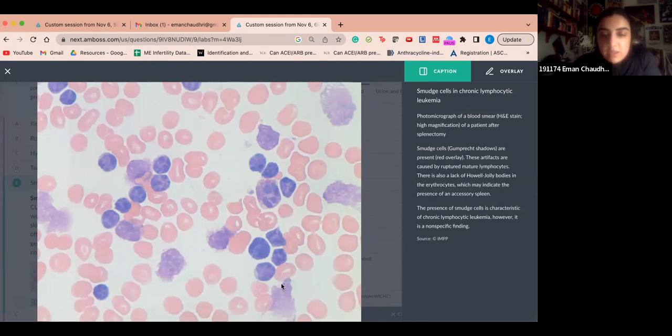If you don't, it's okay, I can tell you. Basically, they're just very, very fragile lymphocytes. Exactly. So they're really fragile, so they get smudged in the peripheral film. That's literally it. So these are very pathognomonic of CLL, okay?